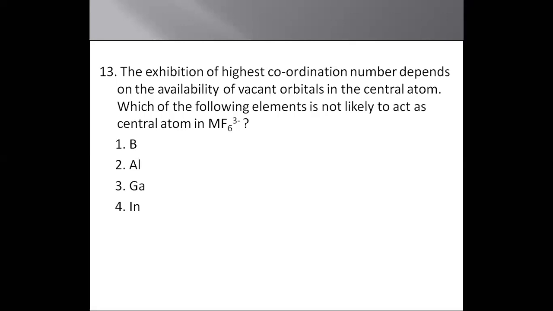And d orbitals are available with aluminium, gallium, indium, but not with boron. That is the reason we go with the option boron. As boron does not have vacant d orbitals, it will not have an octahedral geometry.